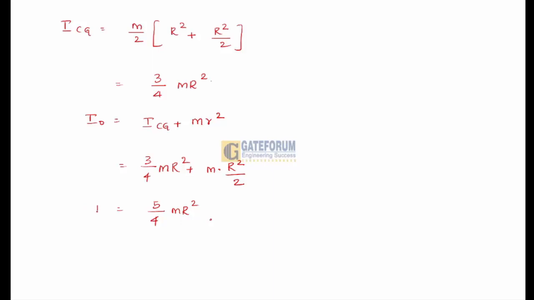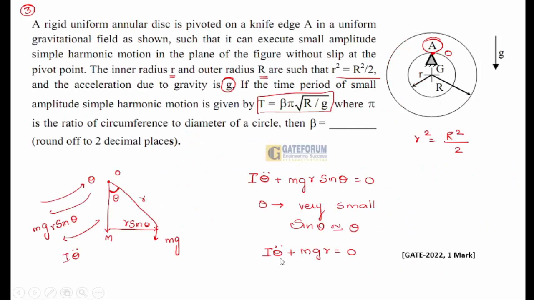Now you keep this I naught value in the above equation, that is I theta double dot plus mgR theta equal to 0. We get 5 by 4 MR square into theta double dot plus mgR theta is equal to 0. Theta double dot plus mgR by 5 by 4 MR square into theta will be equal to 0.